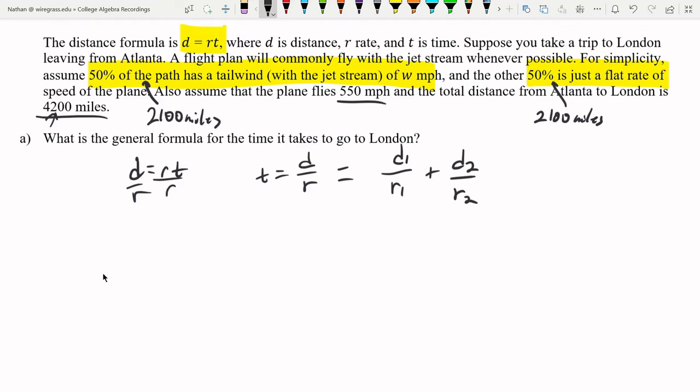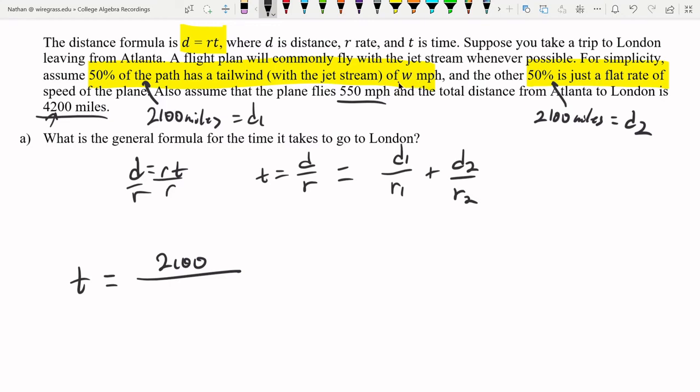Now for us, distance 1 and distance 2 are the same. They're both 2,100 miles. That's because we had 50-50. But rate 1 and rate 2 are not going to be the same thing. So we have 2,100. The first rate is going to be the plane that flies with 550 miles per hour. And then with an increase of speed, if it goes with the jet stream, that means it's going faster.